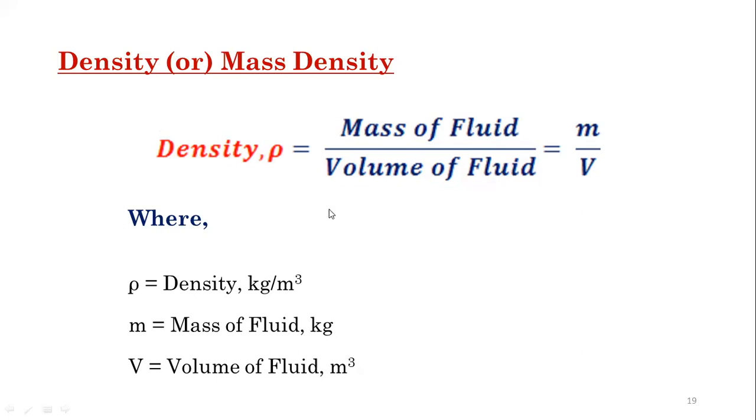So density is the ratio of the mass of the fluid to the volume of the fluid. This is the definition of density. It is the ratio of the mass of the fluid, denoted by small m, to the volume of the fluid, denoted by capital V. Therefore, we find the unit by using density equals mass of fluid in kgs over volume of fluid in meter cubes.